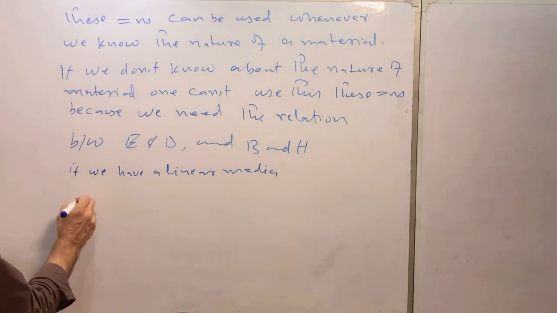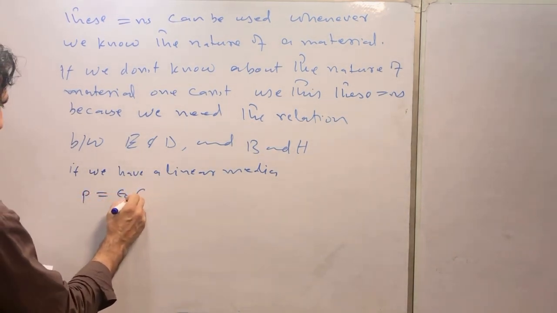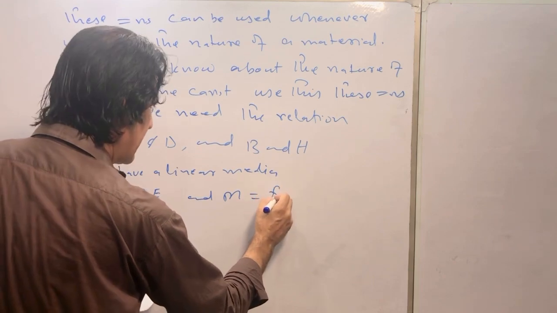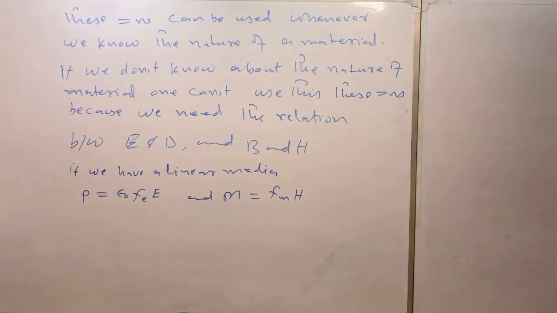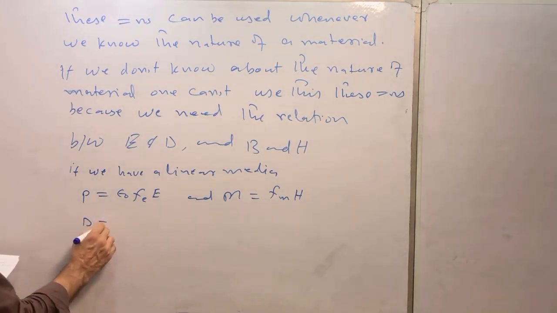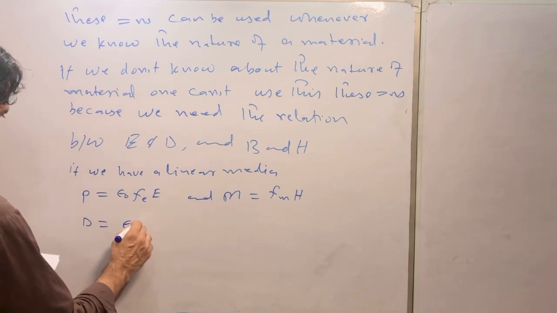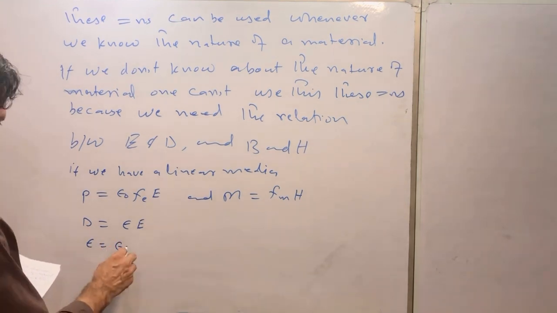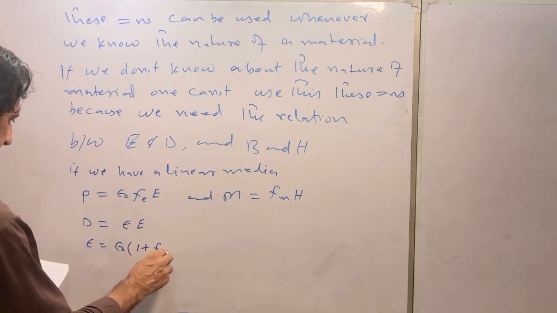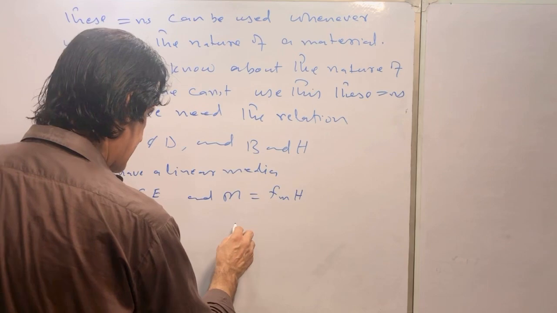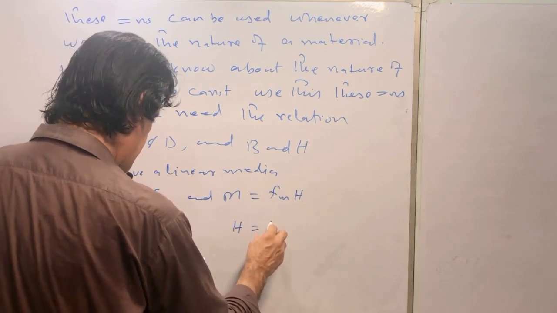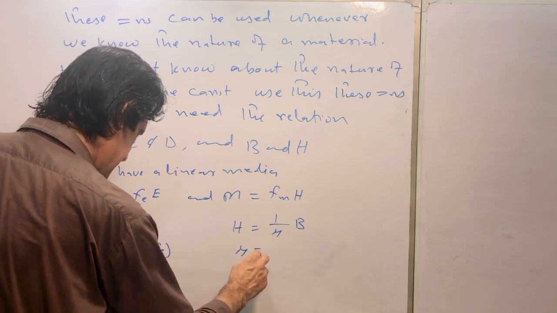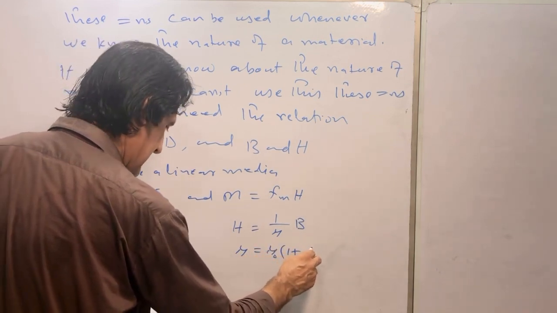And for this, we can write the polarization as epsilon naught chi E times E. And we also know the magnetization, chi m times H. Then D, the displacement vector, is equal to epsilon E, where epsilon is equal to epsilon naught times 1 plus chi E. And here H is equal to 1 over mu times B, because mu is equal to mu naught times 1 plus chi m.